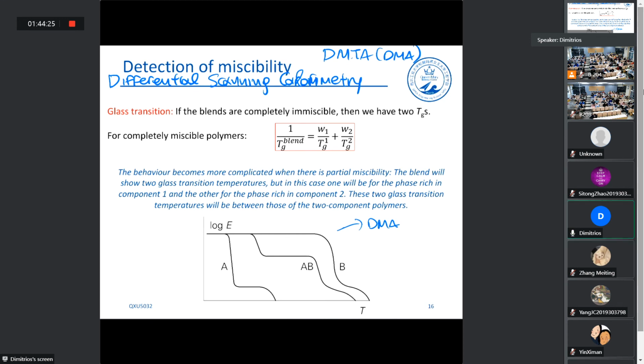We said if we have two completely immiscible blends, then we have two TGs. And the TGs are, of course, dependent on the glass transitions of the polymers that are blended. For completely miscible polymers, we have this simple but very useful equation. I think it's called Fox equation, Flory-Fox, if I'm not mistaken.